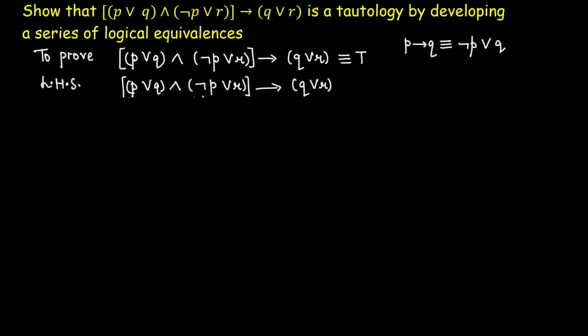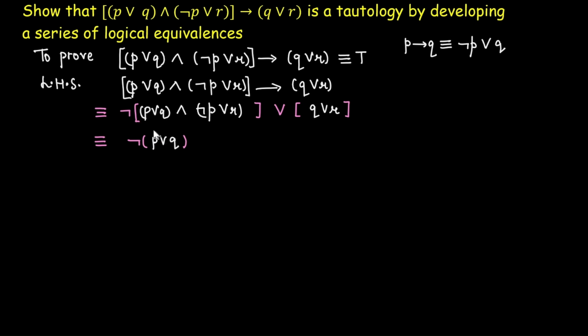So in this case, we take the negation over this statement. This operator gets converted into OR and this compound proposition is as it is. In the next step, we take negation over this bracket. So we write negation of P or Q, negation of and as or, negation over this bracket.